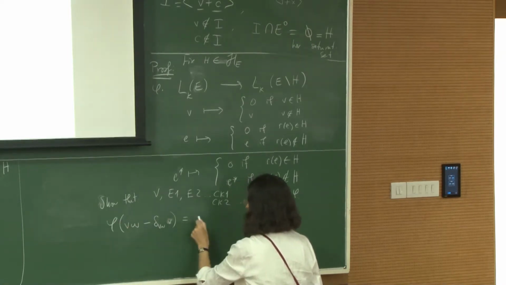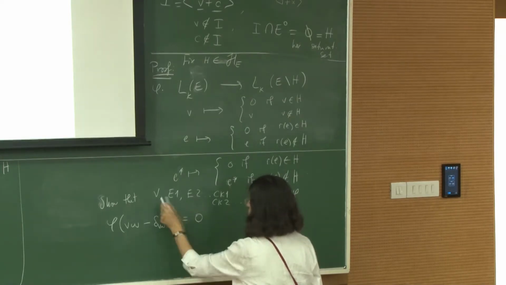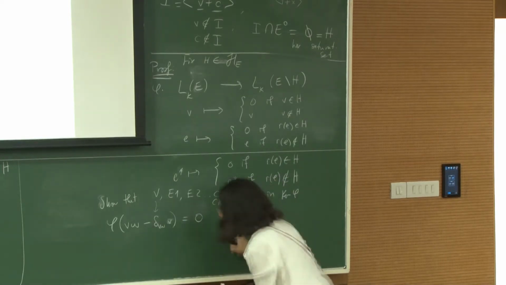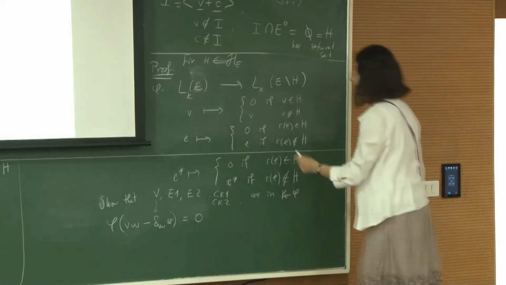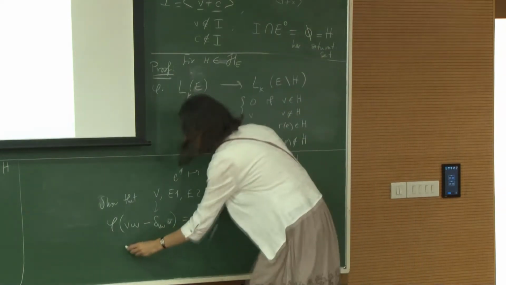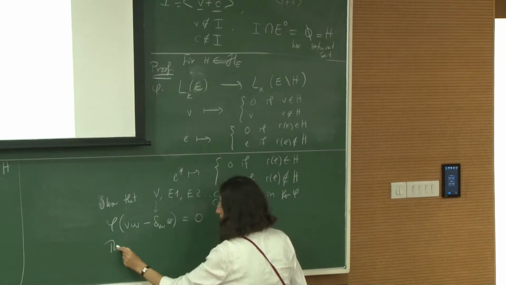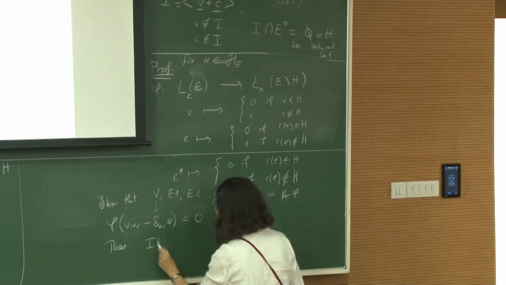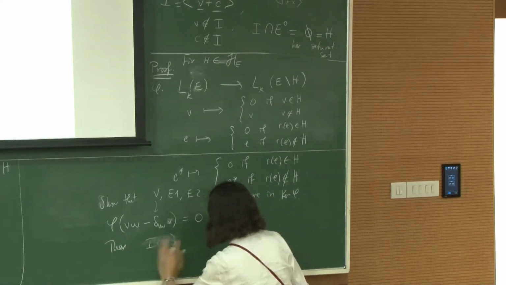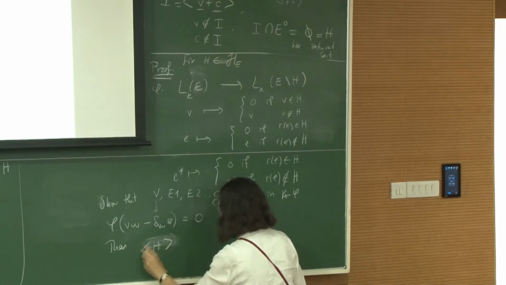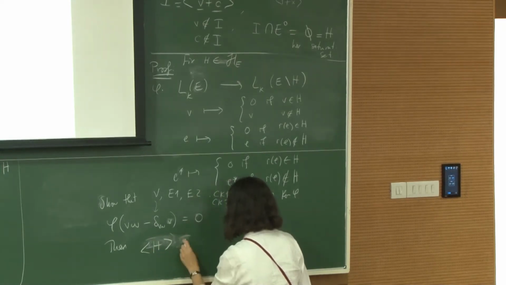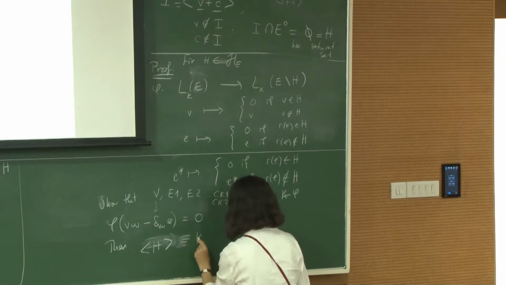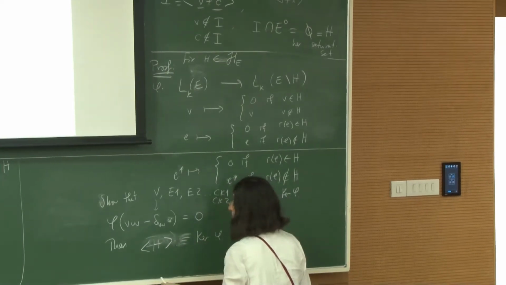Show that all these are basically sent to 0. So this is P1, etc. Once I show that, the last step is to show that the kernel is exactly the kernel of this map.